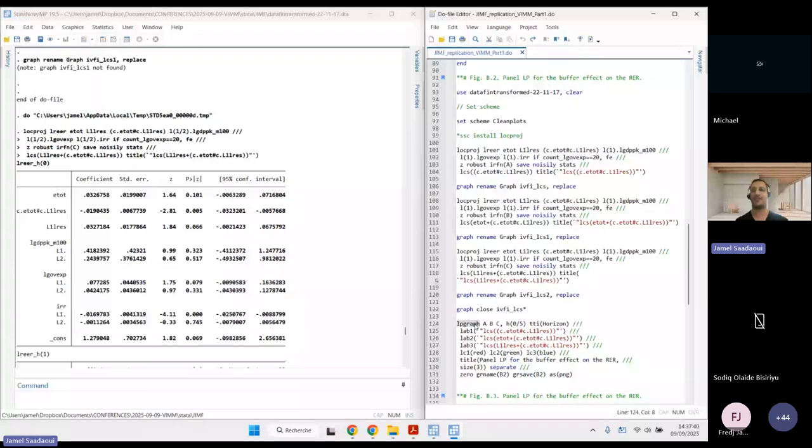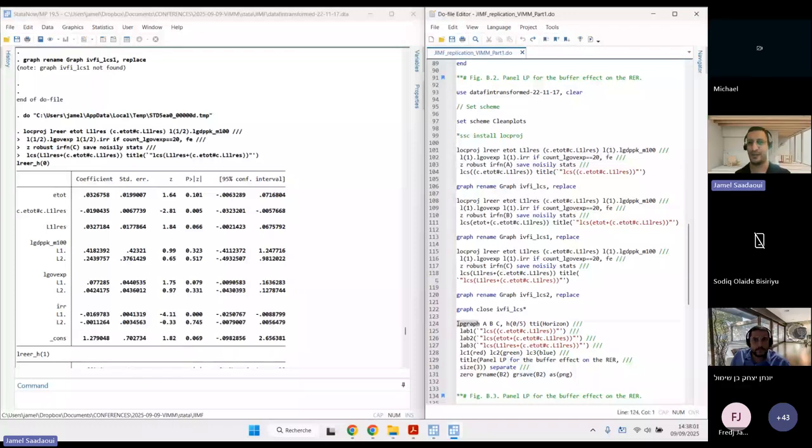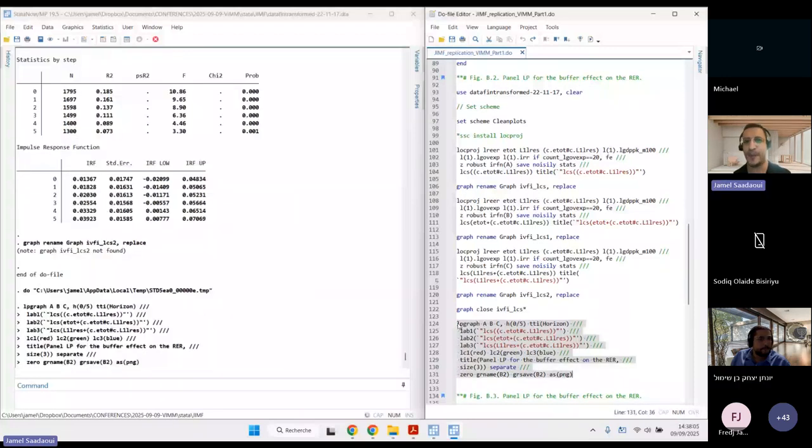One very nice thing is that you can combine all the impulse response functions that you have saved. The first is A, the second is B, the third is C, and I save them. Don't forget to save them, and then you can make a graph. So I make this graph. It's very easy.